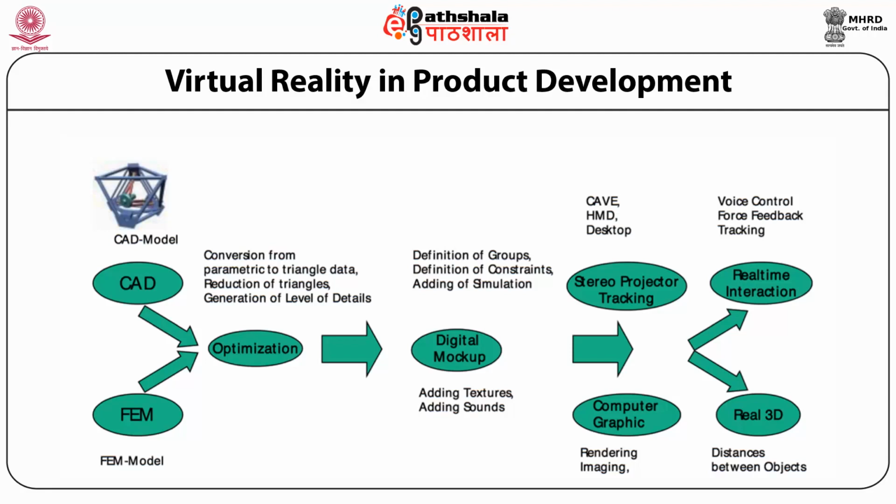It further leads to stereo projected tracking, that is CAVE, HMD, desktop, and computer graphics rendering imaging. And the last step is real-time interaction and real 3D, which includes voice control, force feedback, tracking, and real 3D includes distances between objects.